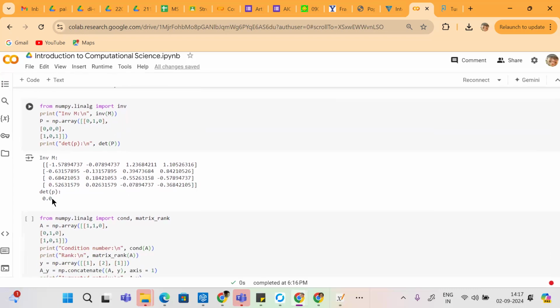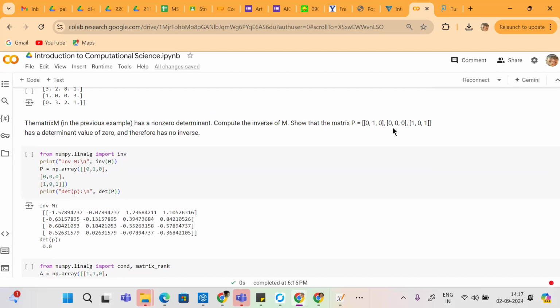So the determinant of P is 0. Why? Because one of the rows of the matrix P is totally 0. If any row of a matrix is 0, the determinant is always 0. Same for any column, because the determinant of A is the same as the determinant of A transpose.